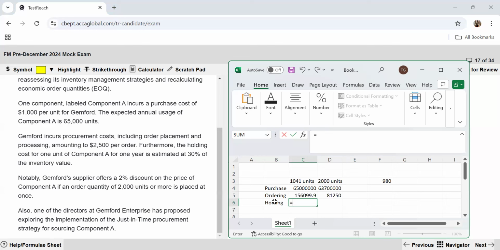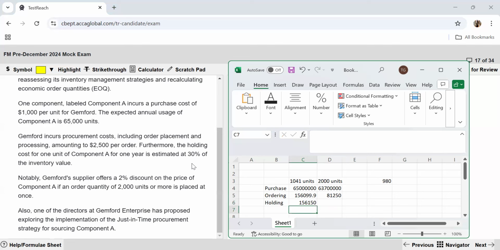So in the first case, you're ordering 1041 units, so your average inventory will be 1041 divided by 2. And this needs to be multiplied by the holding cost. Holding cost is given as 30% of the inventory value, so that is 30% of 1,000. So this is what will give you your holding cost.